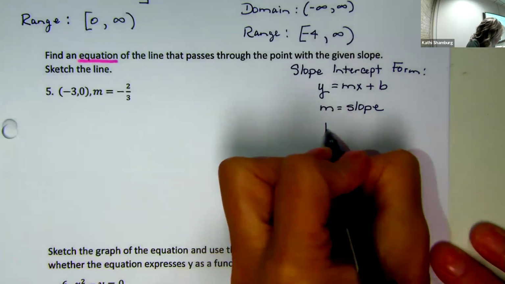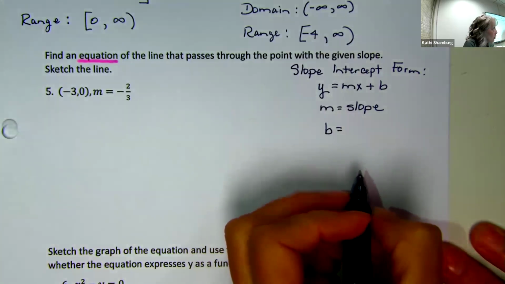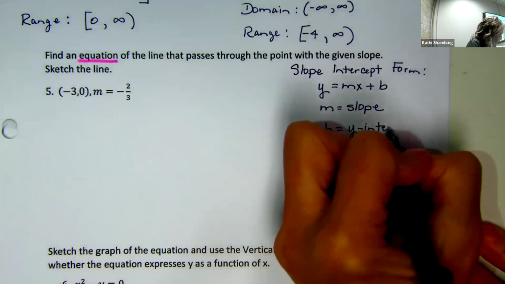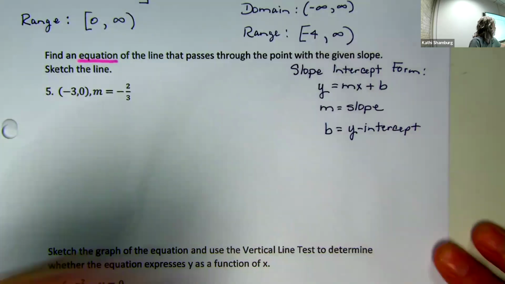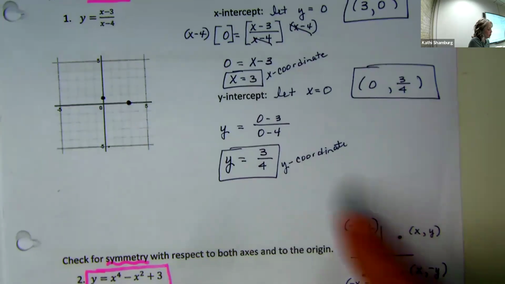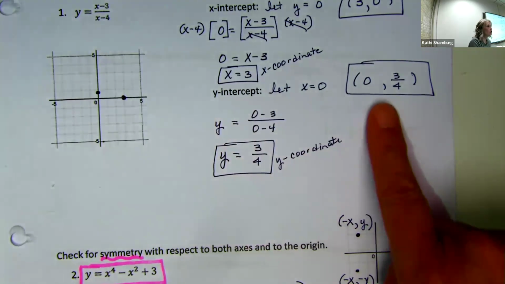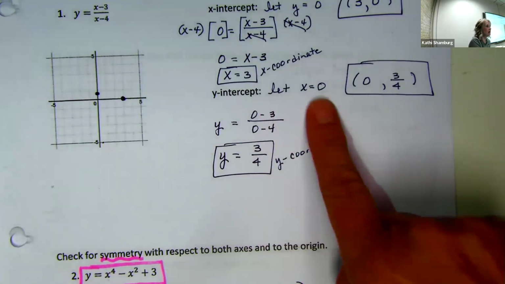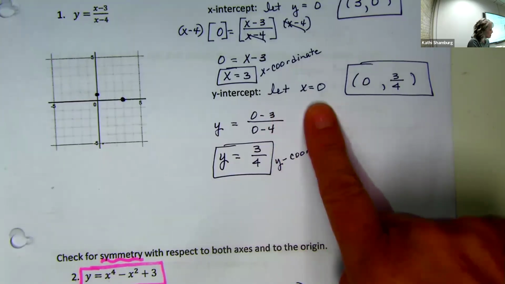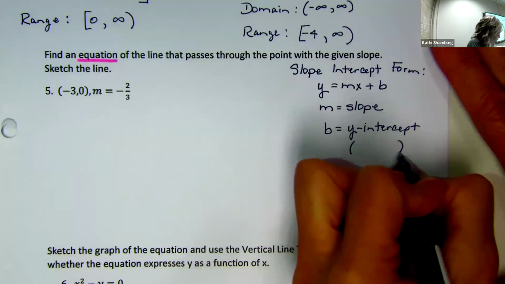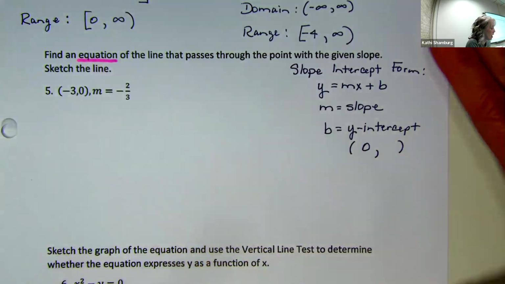What is b? That is your y-intercept, right? Okay, this is where you need to be careful. What did we say was true about the y-intercept? What did I tell you to always say? X is always 0. Okay, so in the y-intercept, in your ordered pair, we know x is always 0.